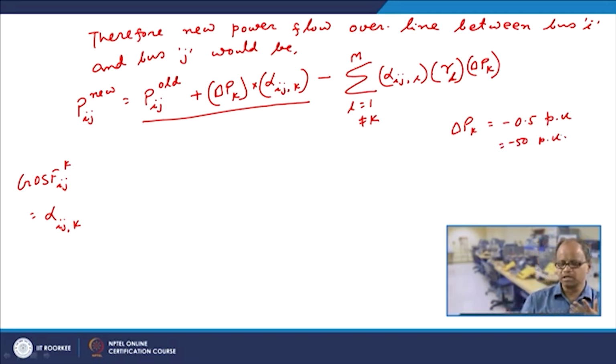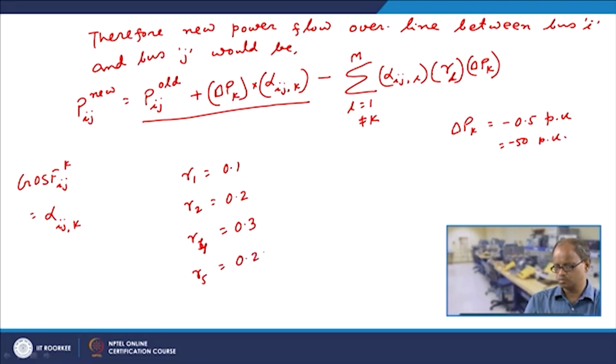Just in our example, suppose gamma 1 is 0.1, gamma 2 is 0.3, gamma 4 is 0.3 and gamma 5 is 0.2.